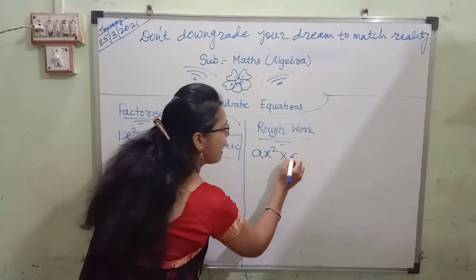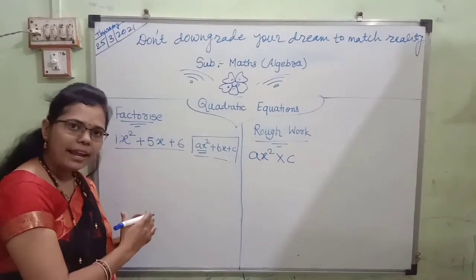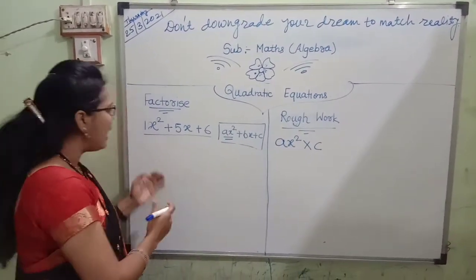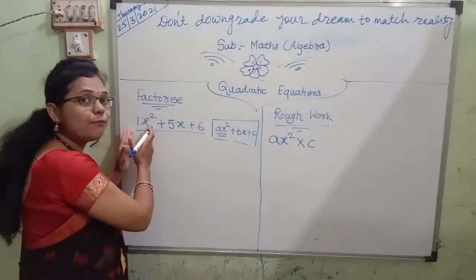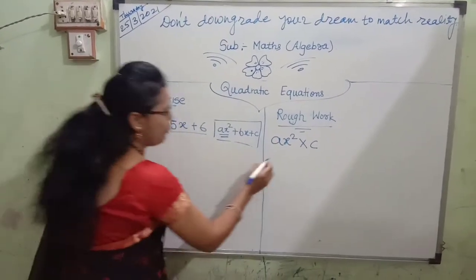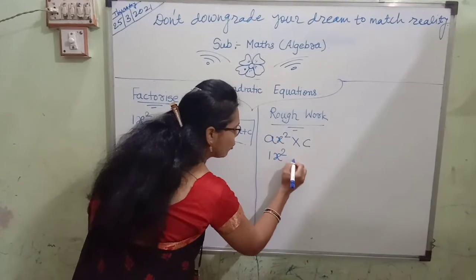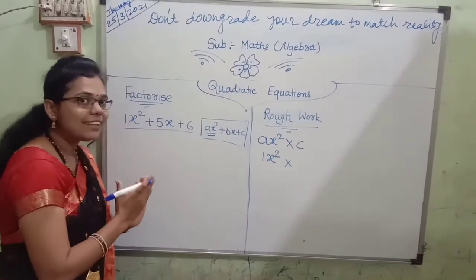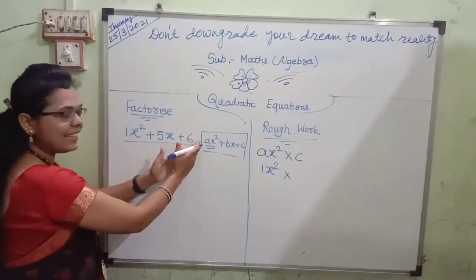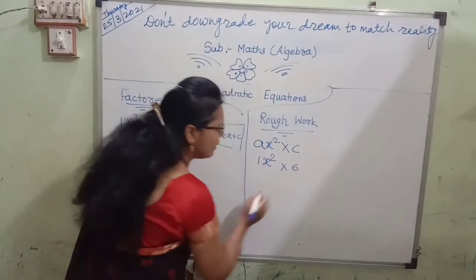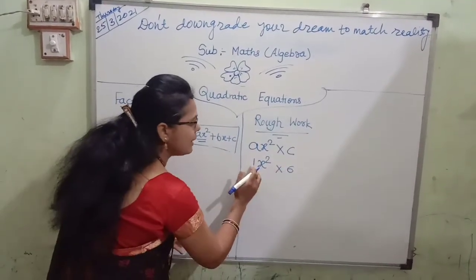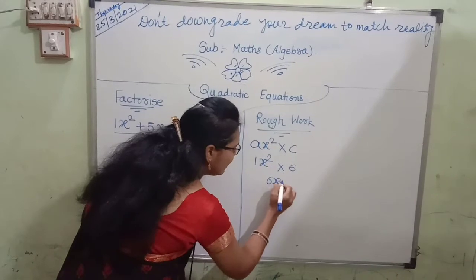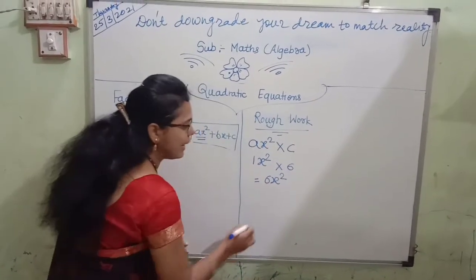In our example, what is the first term? 1x square. Correct. And what is the third term? That is 6. So we multiply together: 6 ones are 6, x square. Together it will come as 6x square.